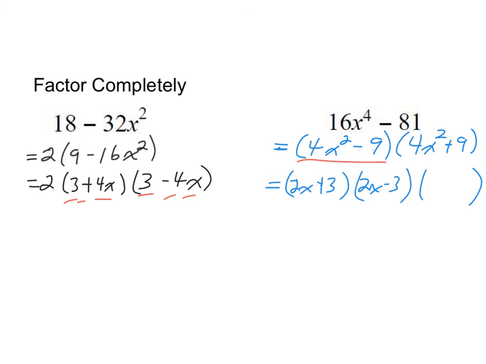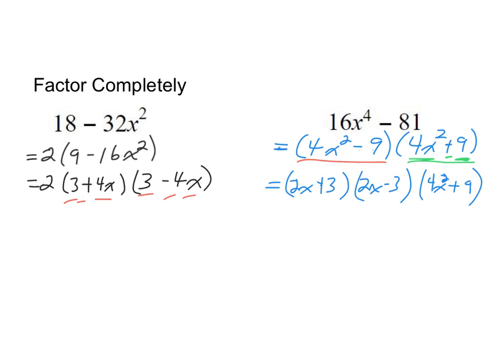And then the second bracket is not a difference of squares because it is a perfect square and a perfect square, but we don't have a difference. We have a plus sign instead. So simply all you're going to do is copy that one. So you get 4x squared plus 9. And you are done with that.